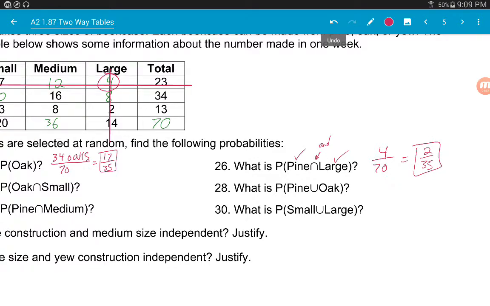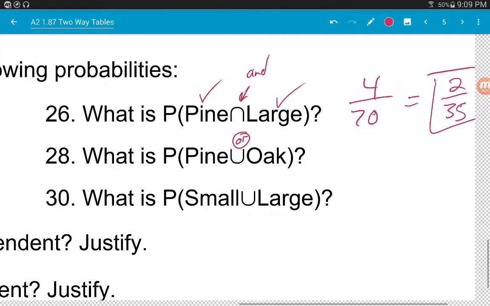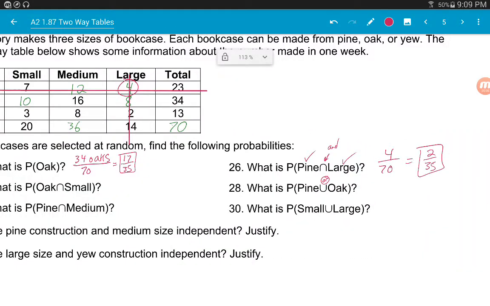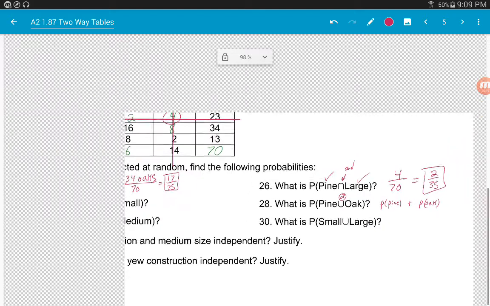Now let's do one union question. What is the probability of pine U oak. The U is a union. It means an or. So we're adding them. So the probability of pine or oak, that means the probability of pine plus the probability of oak. Well, let's see.